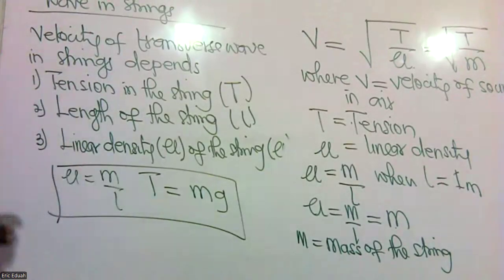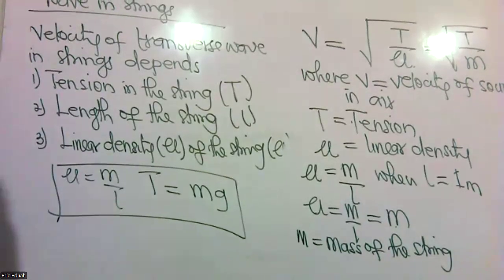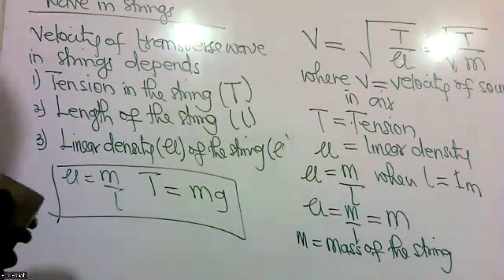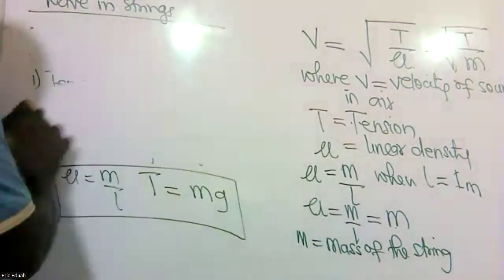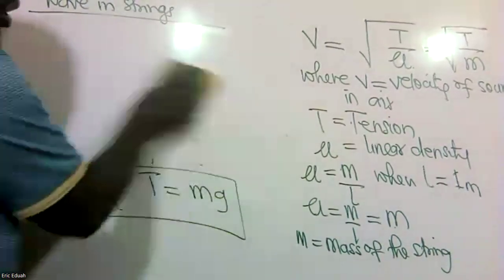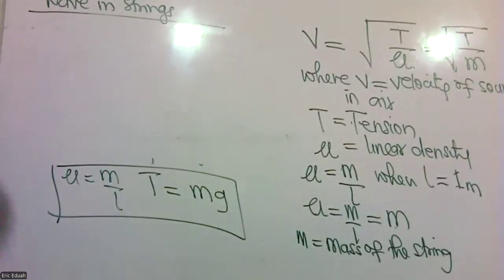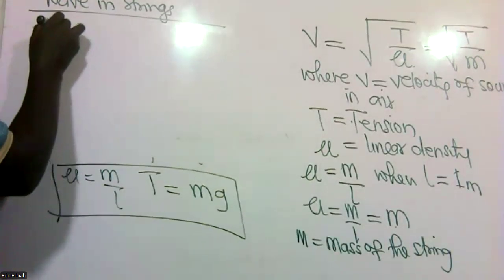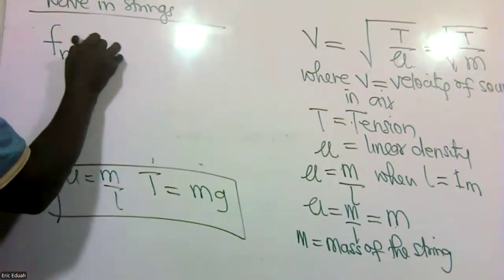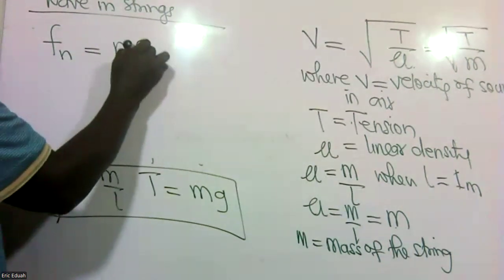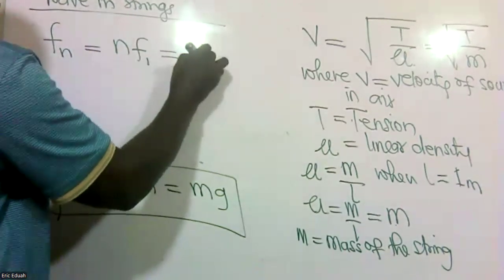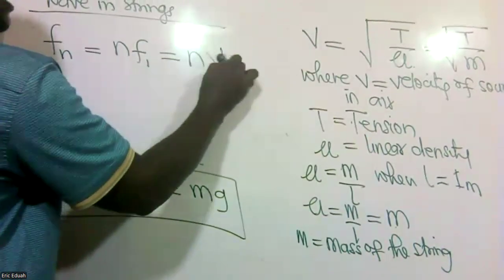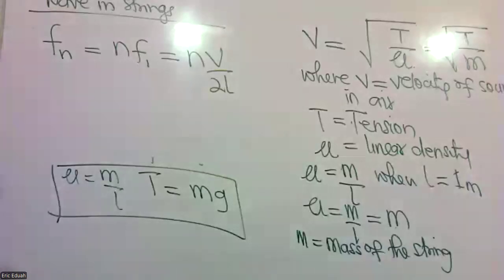Okay, so if velocity of sound depends on this, then we can also relate frequencies to velocities. The n-th frequency is equal to n times f1, and f1 is v over 2L.